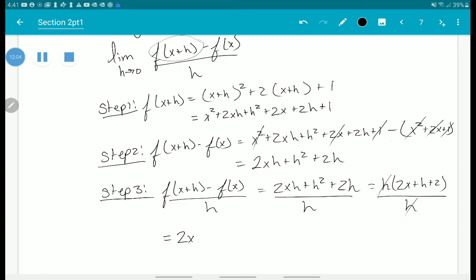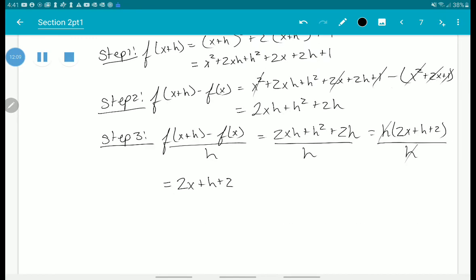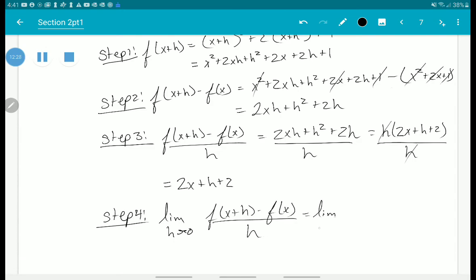So we're going to get 2x plus h plus 2. So there's our difference quotient. But this is taking it a step further, and now we want to find the limit as h approaches 0 of that difference quotient. So we're going to take the limit as h approaches 0 of 2x plus h plus 2, and that's going to give us 2x plus 2.